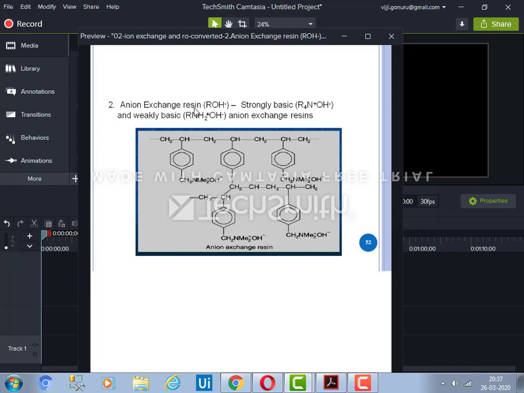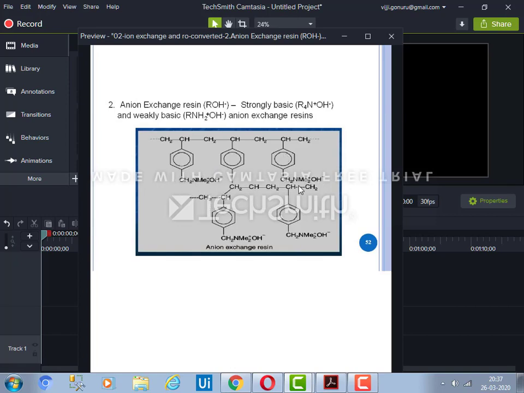It is also of two types: strongly basic and weakly basic. In the strongly basic, the resin is bonded with quaternary ammonium, whereas in the weakly basic, the resin is bonded with the amino group, along with OH minus. This is the structure of the anion exchange resin, where the resin is bonded with the amino group.